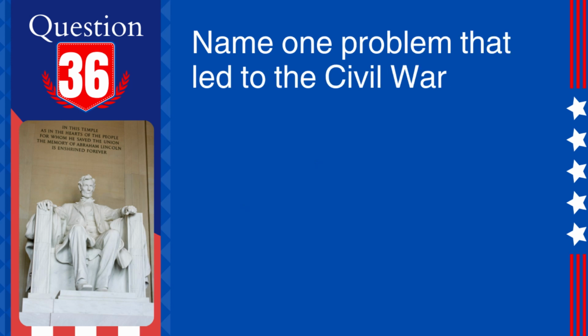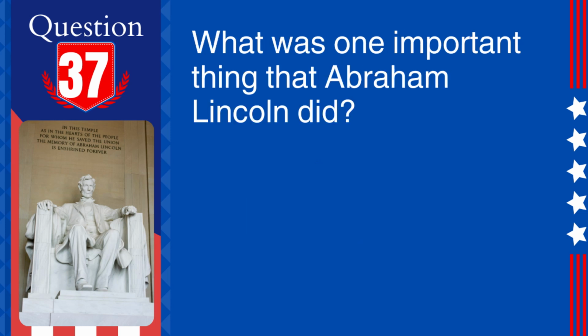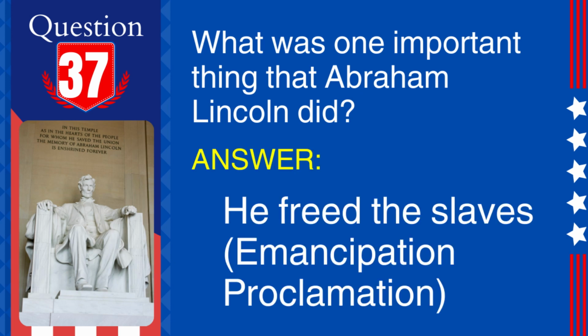36. Question. Name one problem that led to the Civil War. Answer. Slavery. Explanation. The issue of slavery was a primary cause of the Civil War, among other political and economic factors. 37. Question. What was one important thing that Abraham Lincoln did? Answer. He freed the slaves. Emancipation Proclamation.